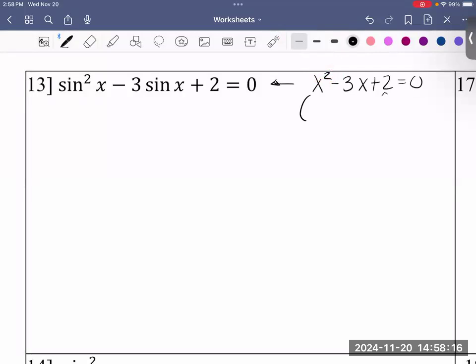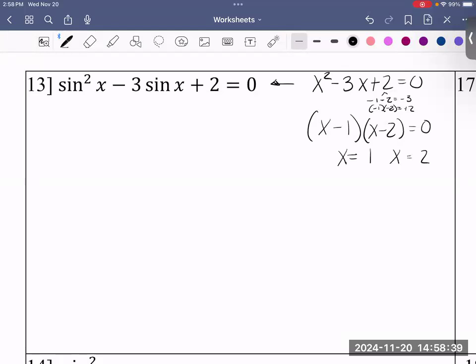We're looking at factors of 2, so 1 and 2, which if they're both negative, that'll get us to -3. And if they are both negative but multiplied, that'll get us to a +2, which means we found our factors. So we look at x minus 1 and x minus 2 is equal to 0. Therefore, x is 1 and x is 2.